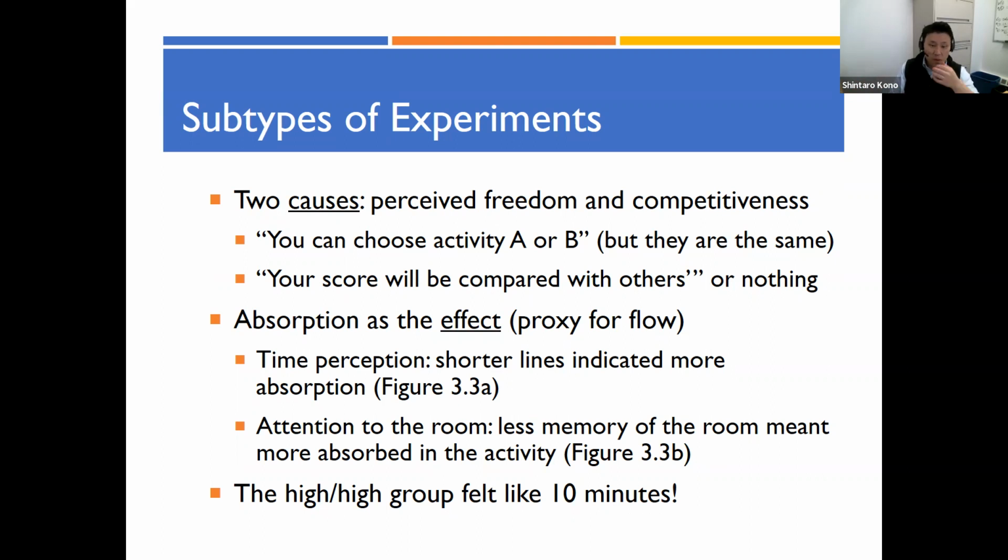In terms of the effect, the outcome, which is flow here. But once again, flow is observable or unobservable? It's not really observable. It's unobservable. So Roger Menel tried to measure what's called absorption, how absorbed students are in the activity. That's what he was trying to measure.